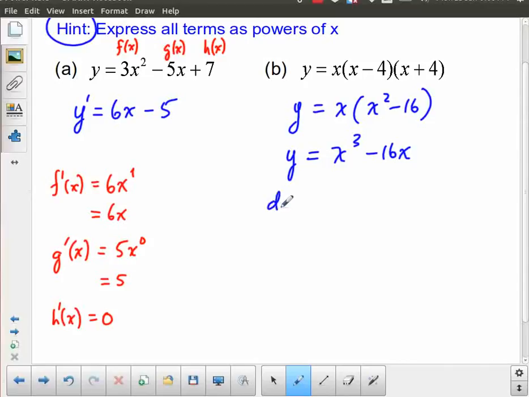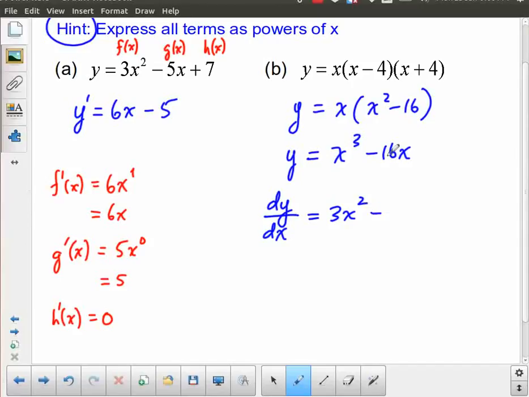I'm going to show an alternate notation for the derivative on this one, which is dy by dx. And it's the same thing as y prime. Dy by dx, the derivative of y with respect to x, is going to be equal to, the first part gives me 3x squared. I bring the 3 down, times x, and then 3 minus 1 is equal to 2.